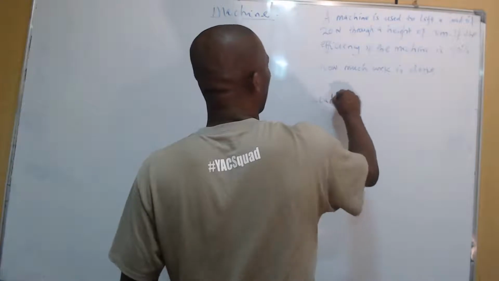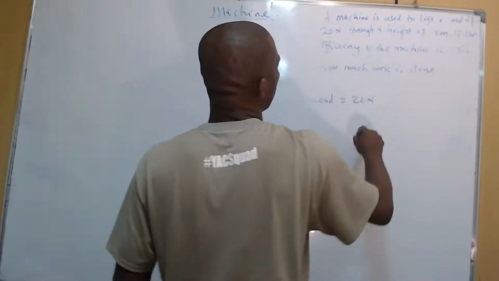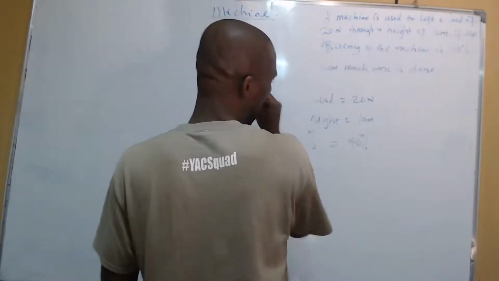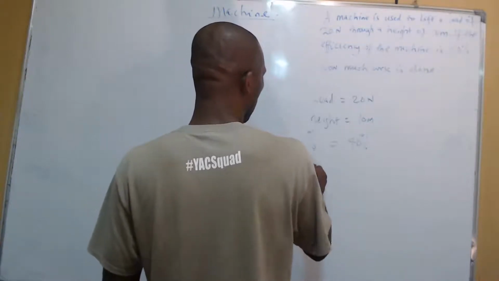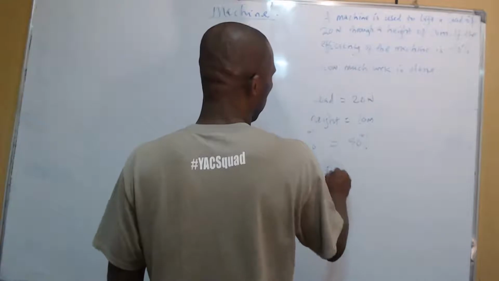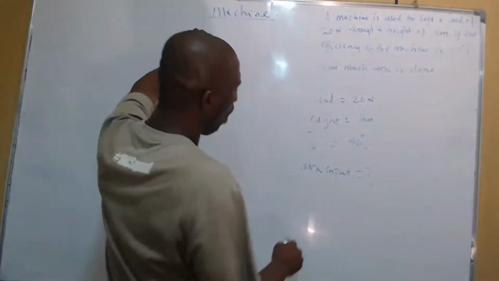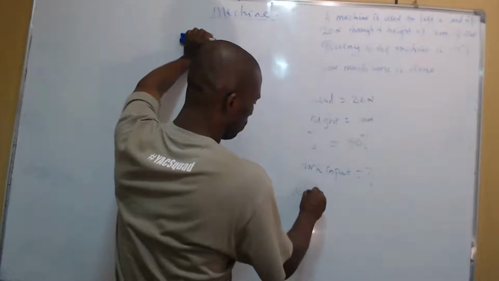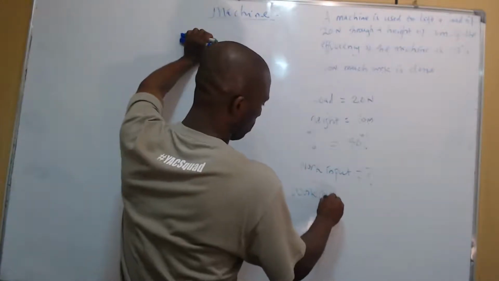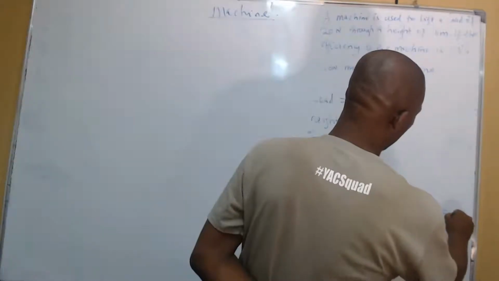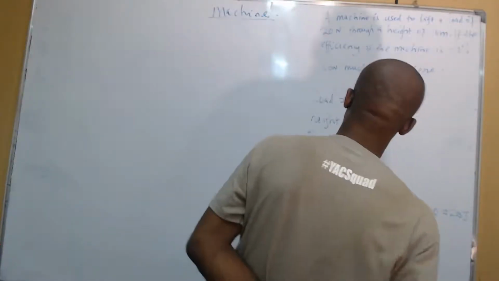Load is equal to 20 Newton. Now, we are told to calculate work done. That is work input, which is unknown. Now, work output is equal to 200 joules.